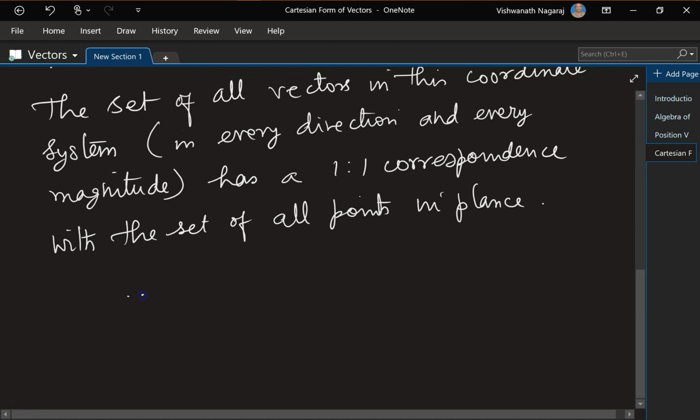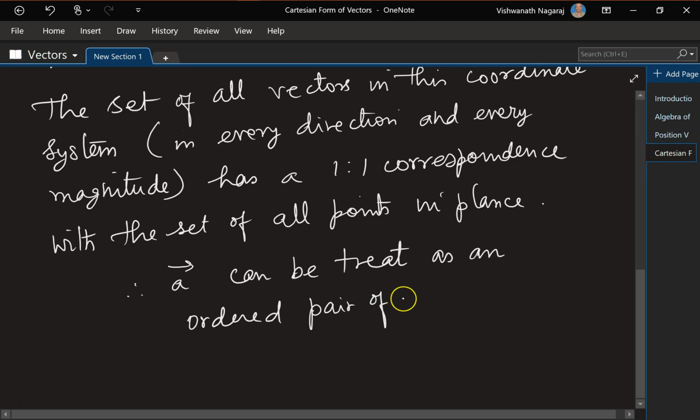So if we treat vector A as an arbitrary vector, then we can treat vector A as an ordered pair of real numbers x comma y.